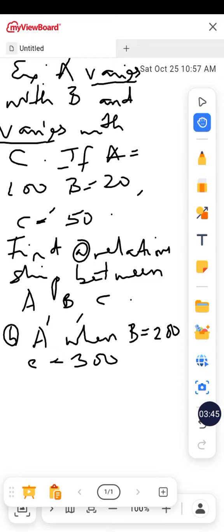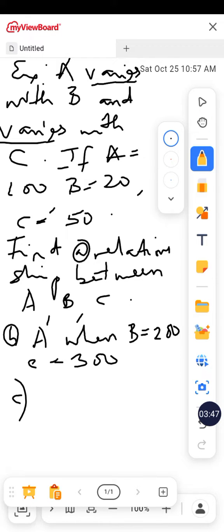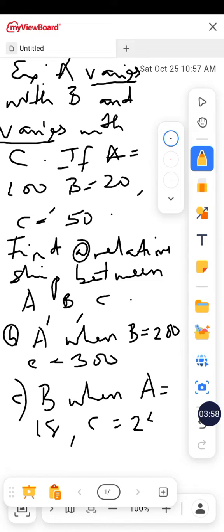Then let's look at C. Find B when A is 18 and C is 24. So let's look at this question. Let's try to solve it.